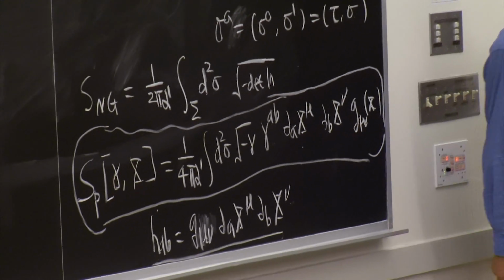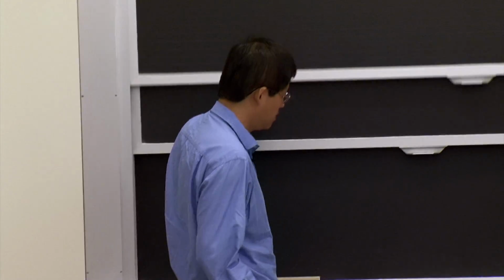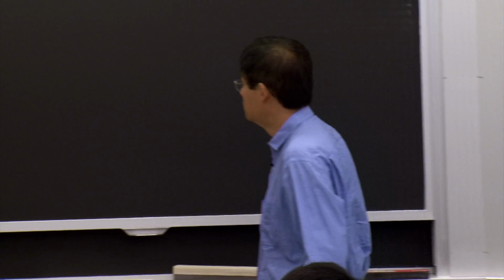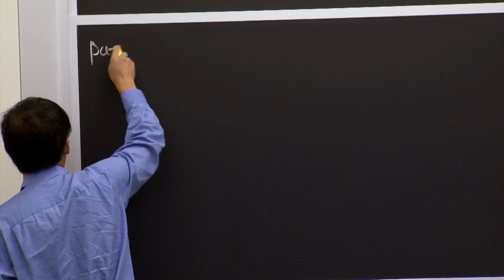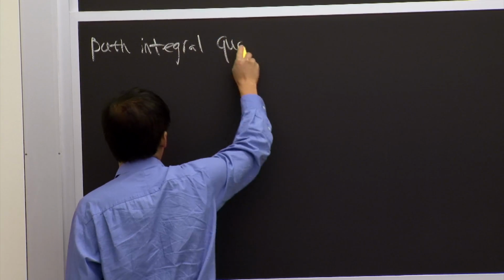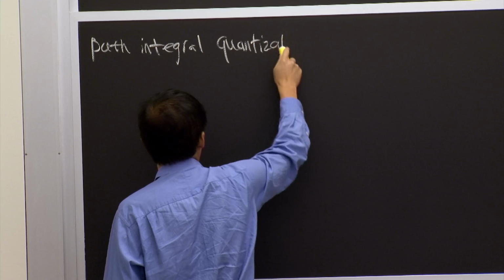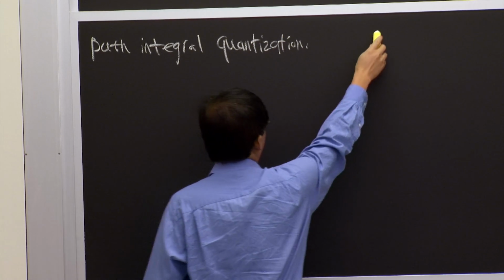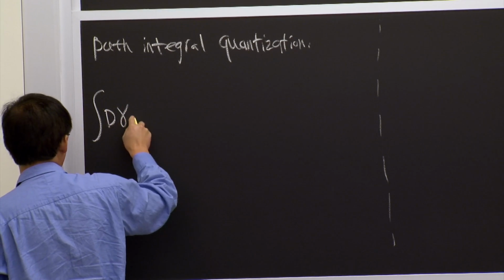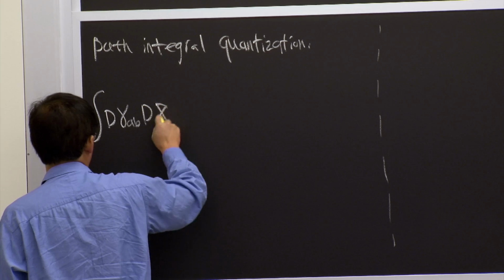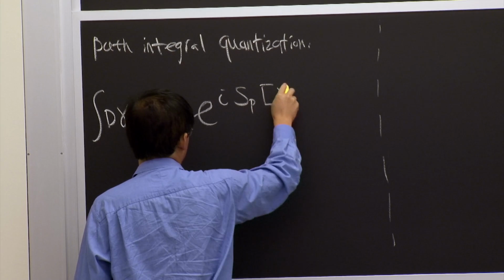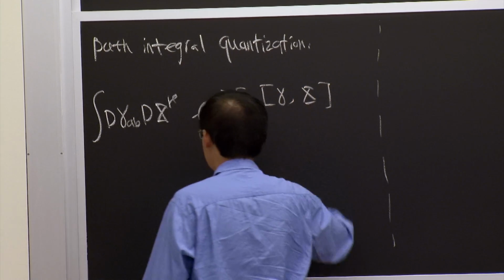And when you quantize the action, say if you do path integral quantization, you need to integrate over both dynamic variables, exponential of minus S, D gamma, D x.